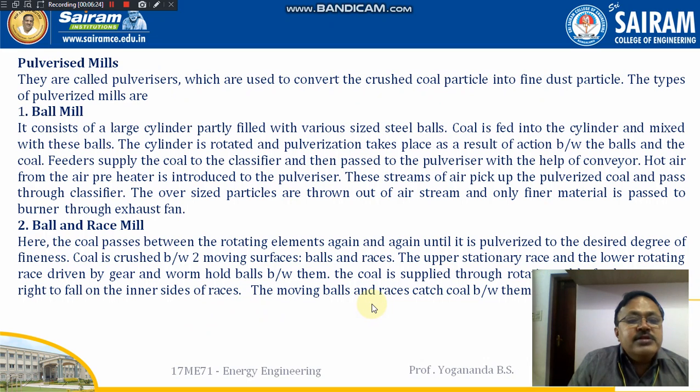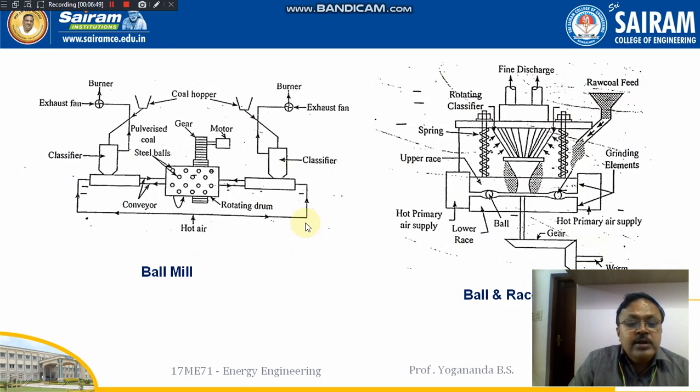Then pulverized mills. They are called pulverizers, which are used to convert the crushed coal particles into fine dust particles. The different types of pulverized mills are the ball mill, and the second one is the ball and race mill. The ball mill, as the name itself says, consists of a large cylinder partly filled with various sized steel balls. Here you can see the ball mill.